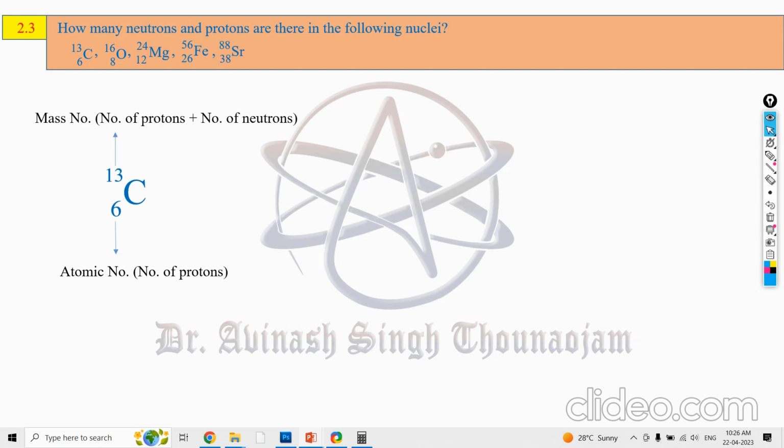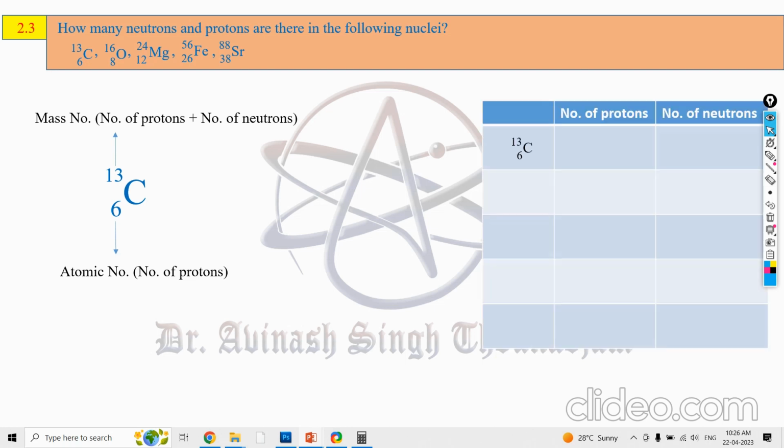Mass number minus atomic number is the number of neutrons, 13 minus 6 is 7. Magnesium 24, oxygen 16: the number of protons is 8, the number of neutrons is 16 minus 8.